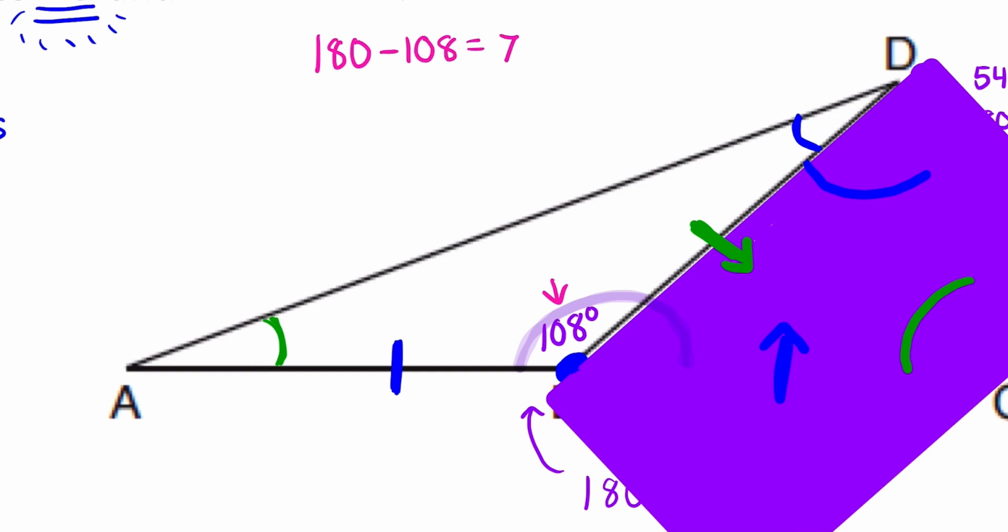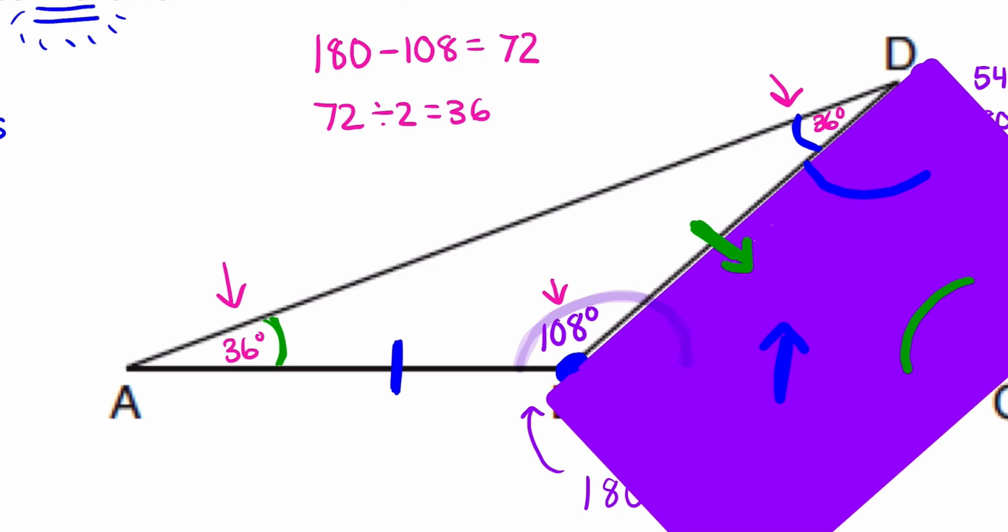And you should get 72. So that means I have 72 degrees to split between these two angles, and they're supposed to be the same measure. So if I take 72 and divide it by 2, I get 36 degrees, which means this guy here is 36 degrees, and this guy here is 36 degrees, right?